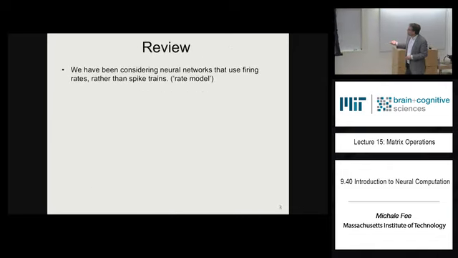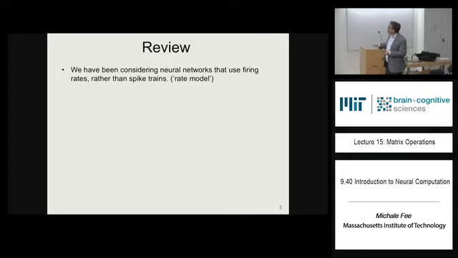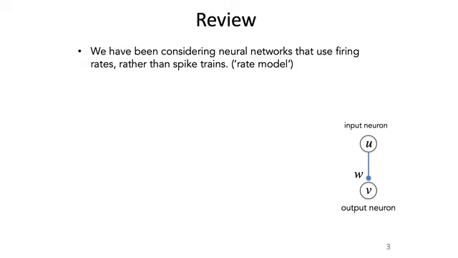Okay, so we've been considering a kind of neural network called a rate model that uses firing rates rather than spike trains.